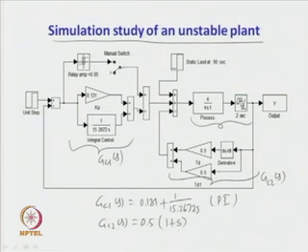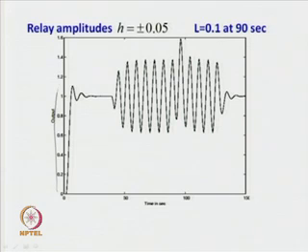So, when the unstable plant is subjected to the PI-PD controllers, then we get a satisfactory time response of the system when the input is unit step reference input.